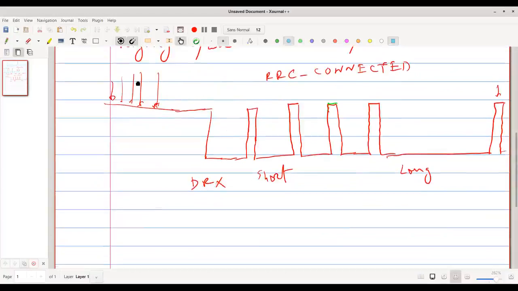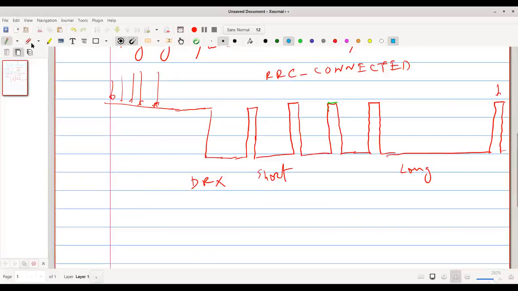A packet may have arrived here, and it is waiting for you until you again switch on. Or a packet may have arrived here, it has to wait this period until you switch on. So there will be delays in packet transfer.